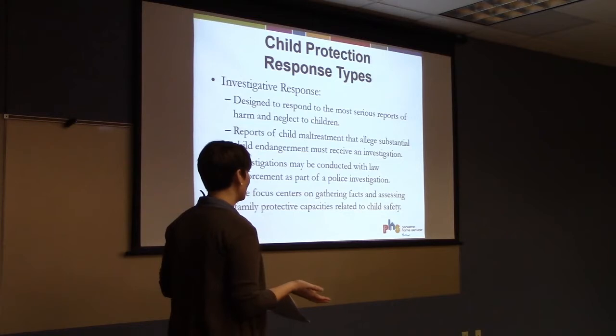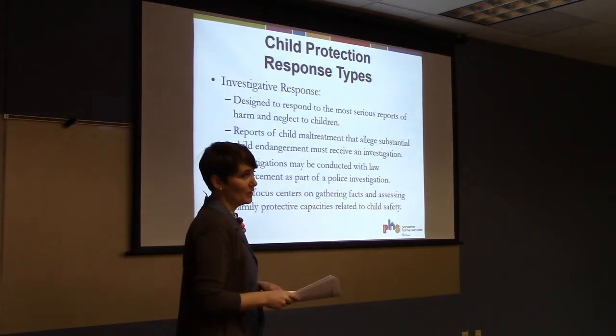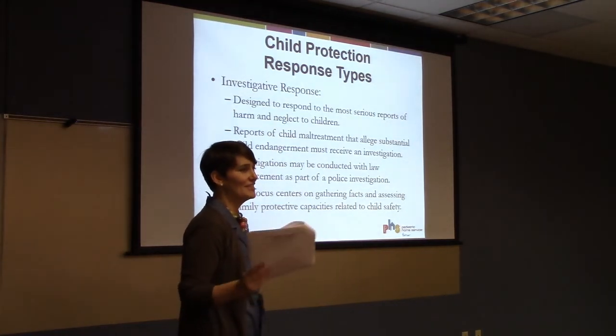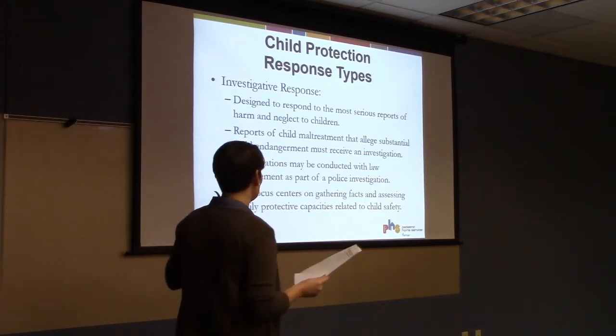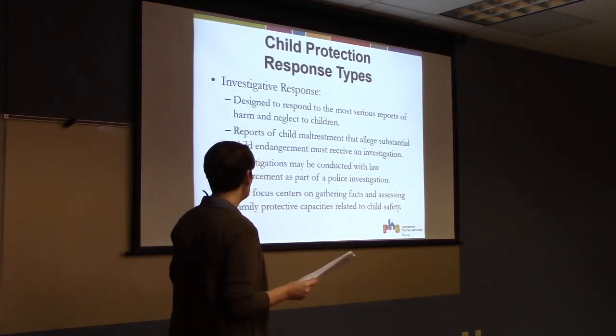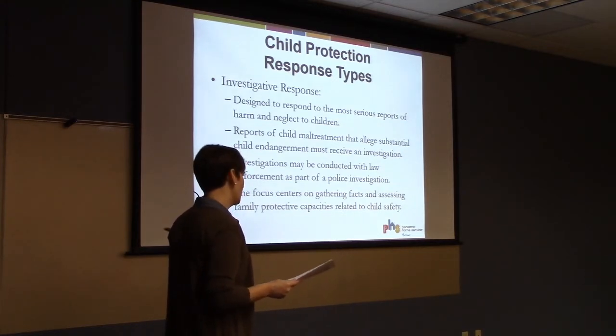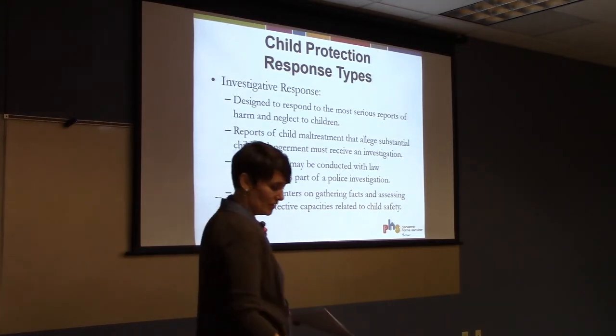Investigations might be conducted with law enforcement as part of a police investigation. It's super intimidating if you end up getting pulled into an investigation, but we are here to help you. So we will walk you through that. The focus centers on gathering facts and assessing family protective capacities related to child safety.